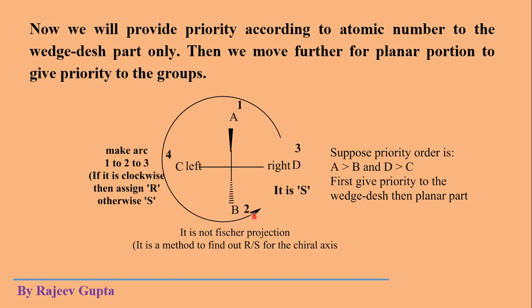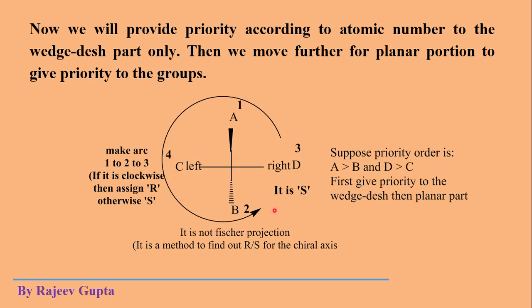See, the direction is anti-clockwise, so we will assign it as S. Remember, we will not see wedge dash, vertical or horizontal portion for the fourth number substituent. Whether it is at the horizontal line or wedge dash, the answer will remain as it is, meaning we will not convert S to R or R to S.